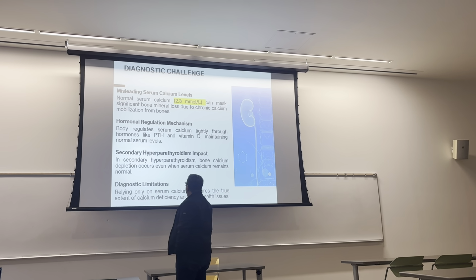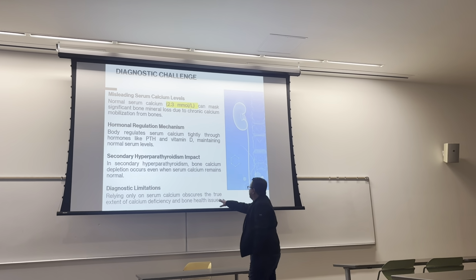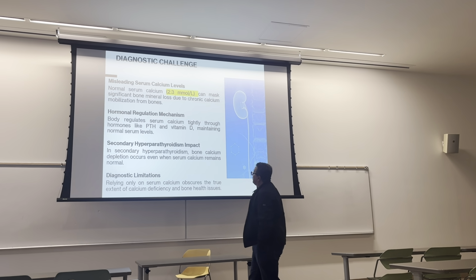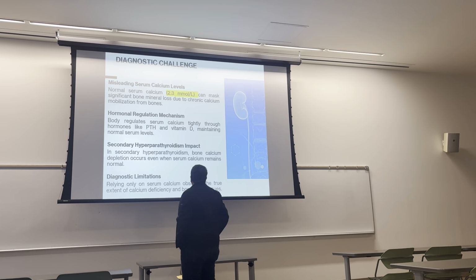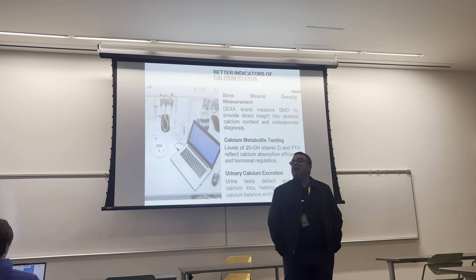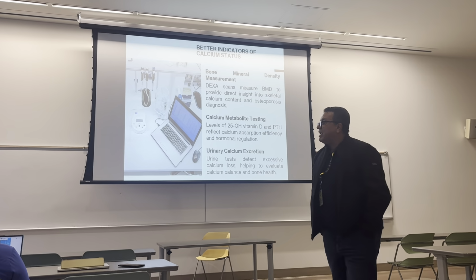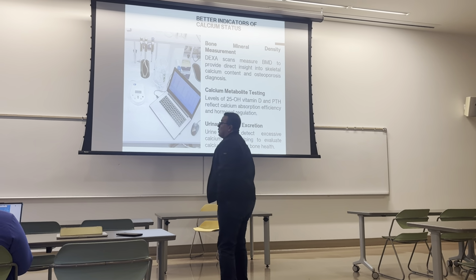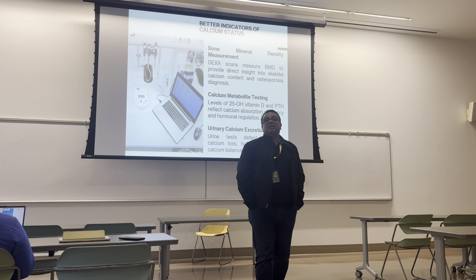Diagnostic limitation: relying only on the serum calcium can obscure the true extent of the calcium deficiency and bone health issue. So it masks, it gives me a very wrong result. It masks the deficiency of the calcium. So I have to depend on something else.